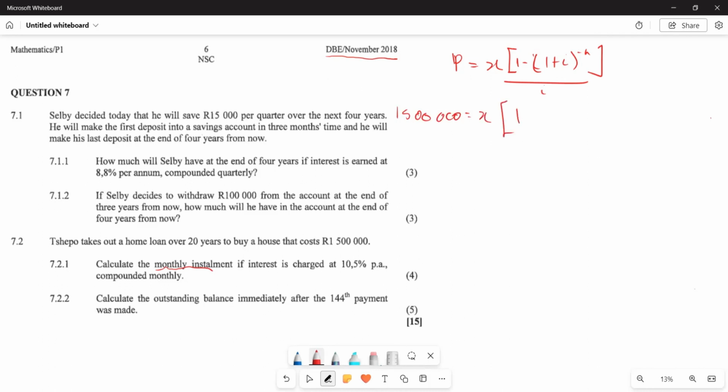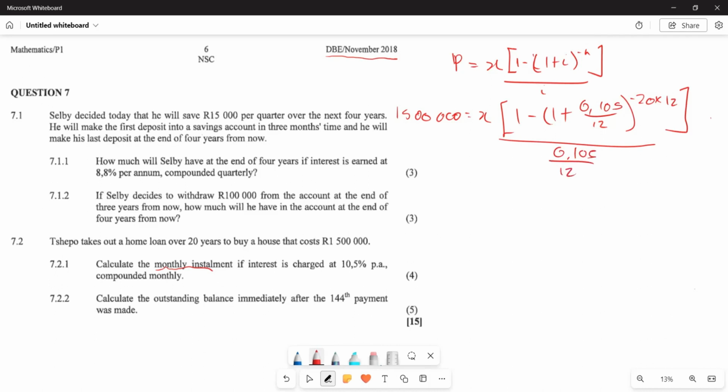X into 1 subtract 1 plus the interest, which is 0.105 over 12, and the period is 20 years multiplied by 12, right? Now over your 0.105 over 12, isn't it so?